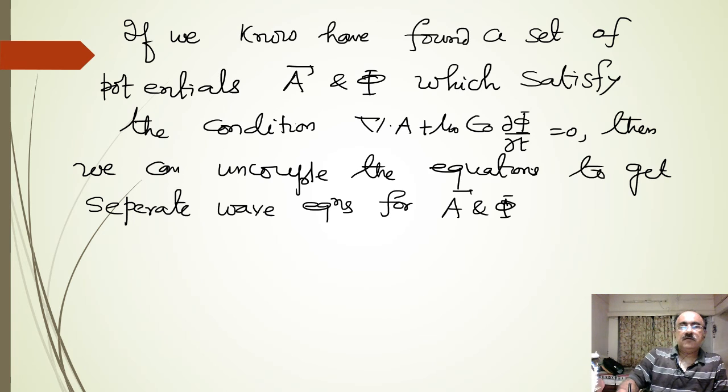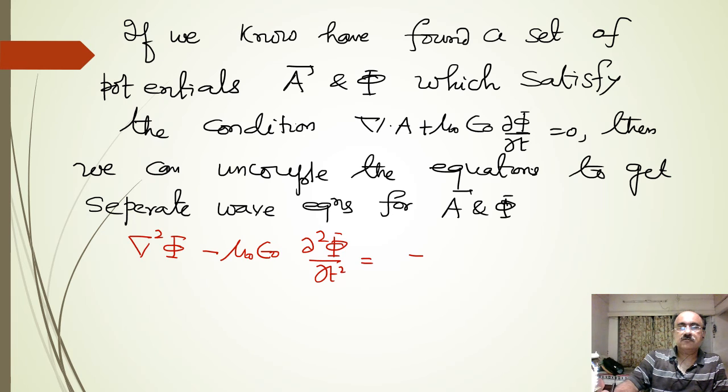And the separate wave equation means del square phi minus mu 0 epsilon 0 del 2 phi upon del t2 is equal to minus rho upon epsilon naught.